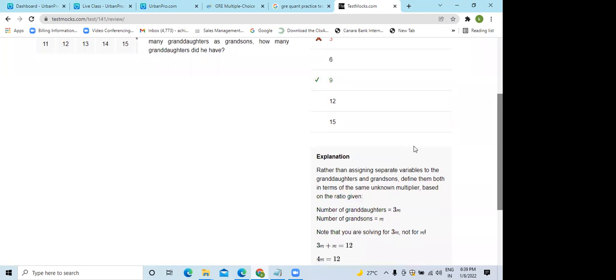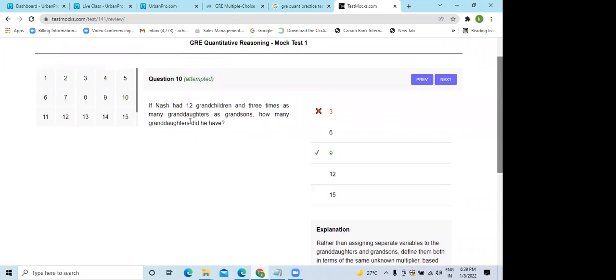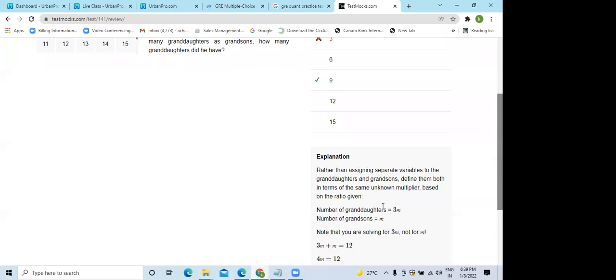Okay. Now, rather than assigning separate variables to granddaughters and grandsons, define them both in terms of the same unknown multiplier based on the ratio. So, the number of granddaughters: he had 3 times as many granddaughters as grandsons, so 3m, and the number of grandsons has to be m, right? Agreed?